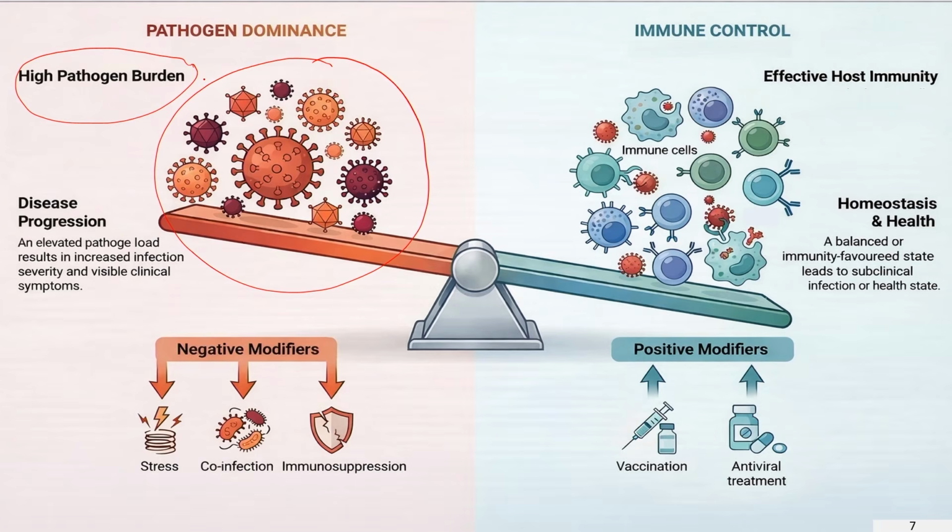When the pathogen amount is increased in the human body, we see the disease condition. And if the immune control is very effective, then we won't see any effect of the disease condition. This balance is very important, and to maintain it, a lot of different mediators come into the picture.